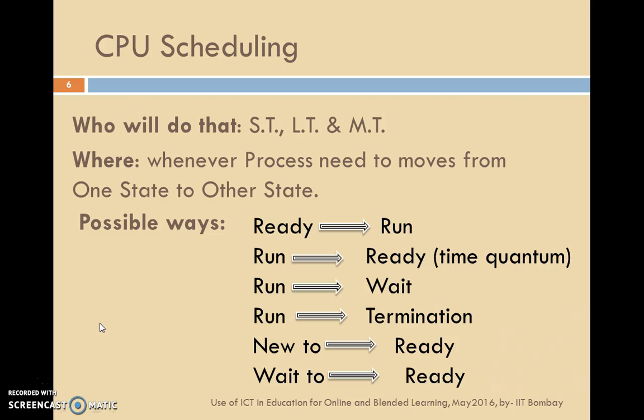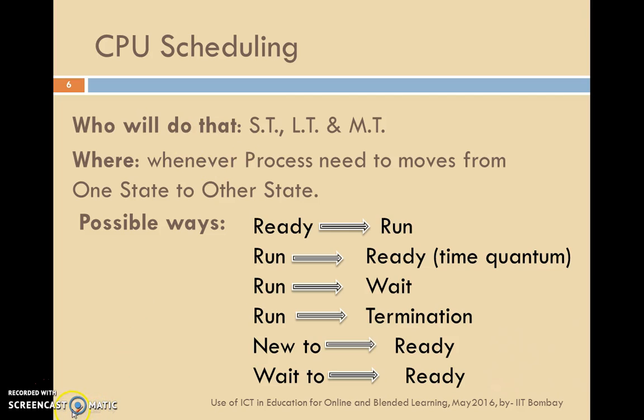So let's see the next. CPU scheduling means picking up one process from the ready state to the run state, or maybe run to ready. Likewise, the scheduling happens. So who will do the scheduling?